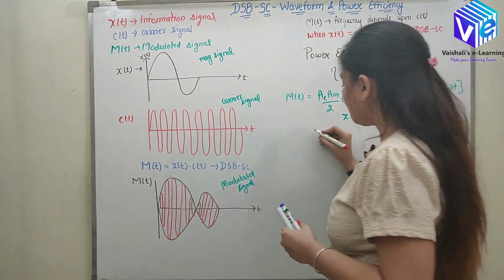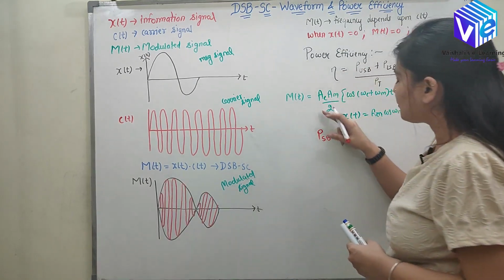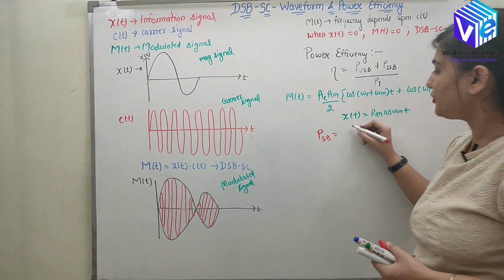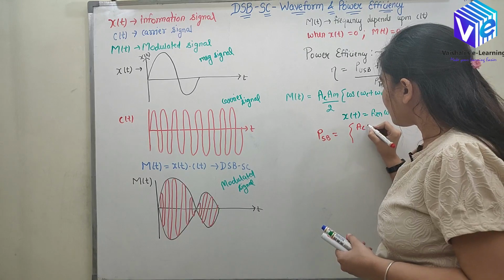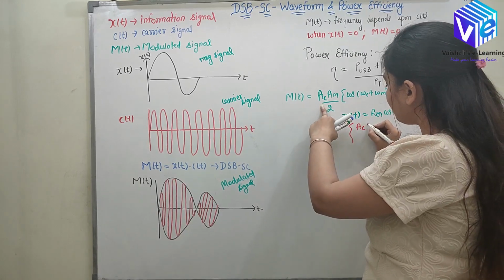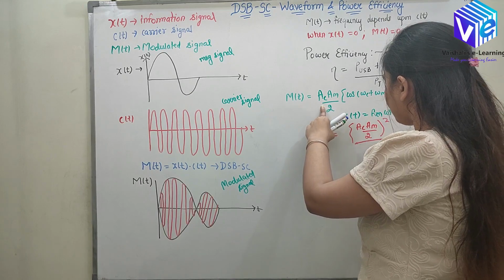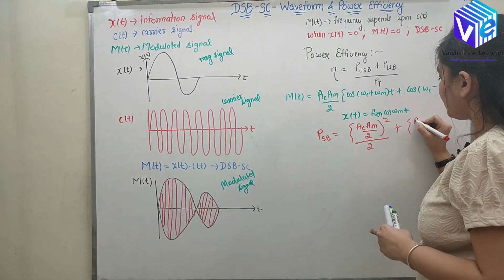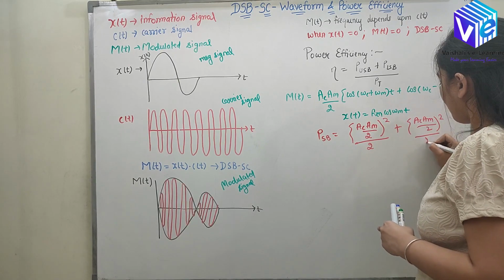So I know that the power of the sideband is equal to the summation of this signal's power plus this signal's power. The power is represented by amplitude square upon 2. So here the amplitude is Ac Am upon 2, square upon 2, plus here also the amplitude would be Ac Am upon 2, square upon 2.